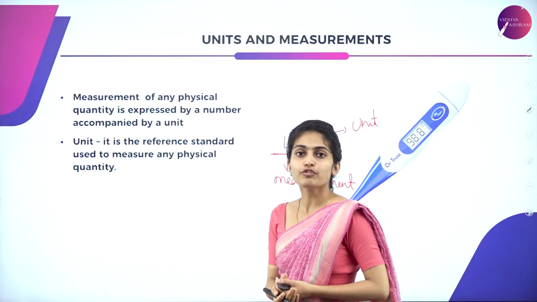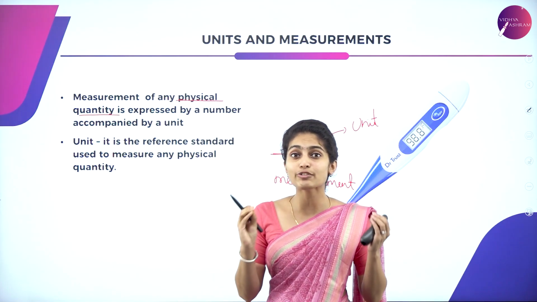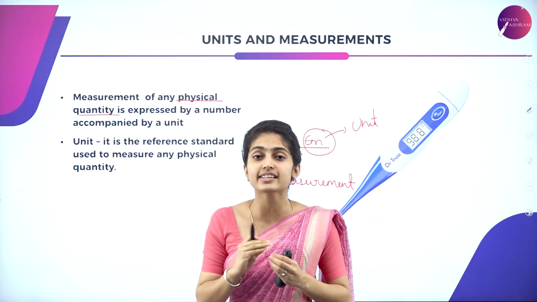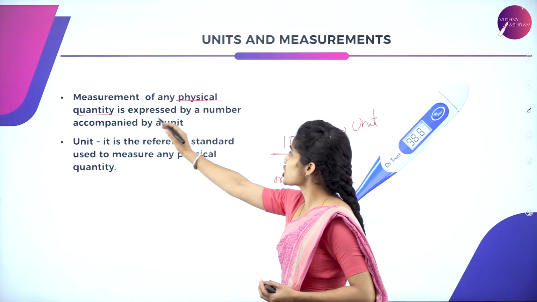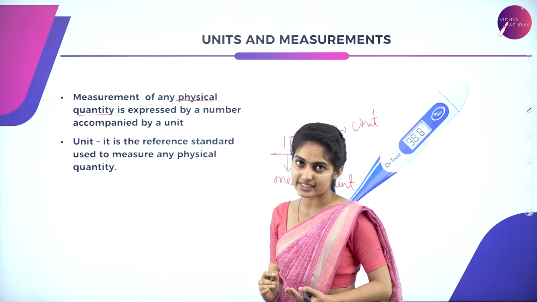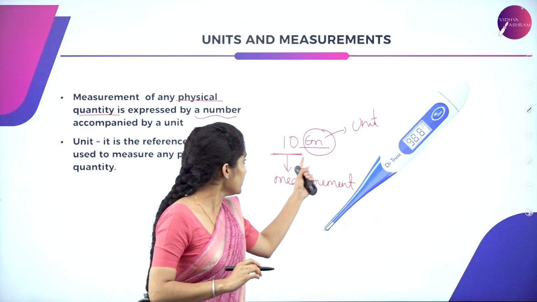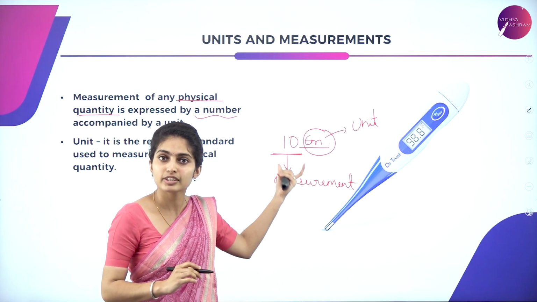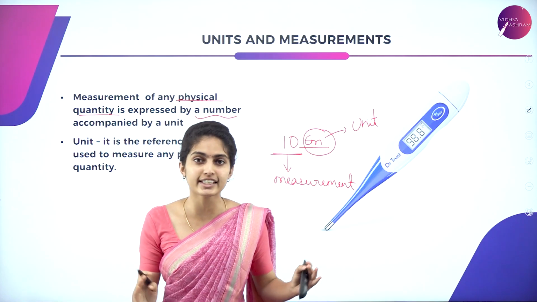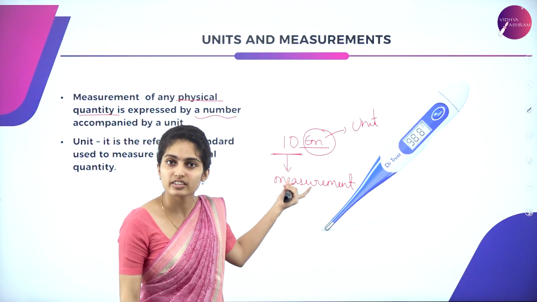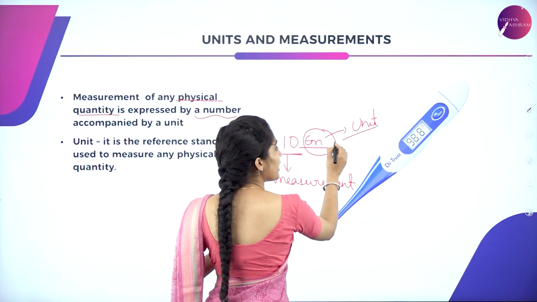So, measurement of any physical quantity, we are measuring only physical quantity and this doesn't apply for non-physical quantity, okay? The measurement of any sort of physical quantity is expressed by a number which is accompanied by a unit.